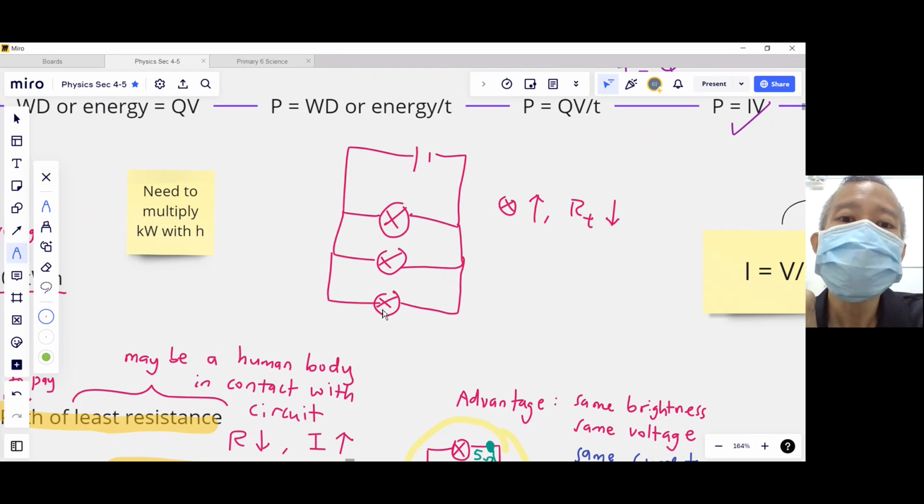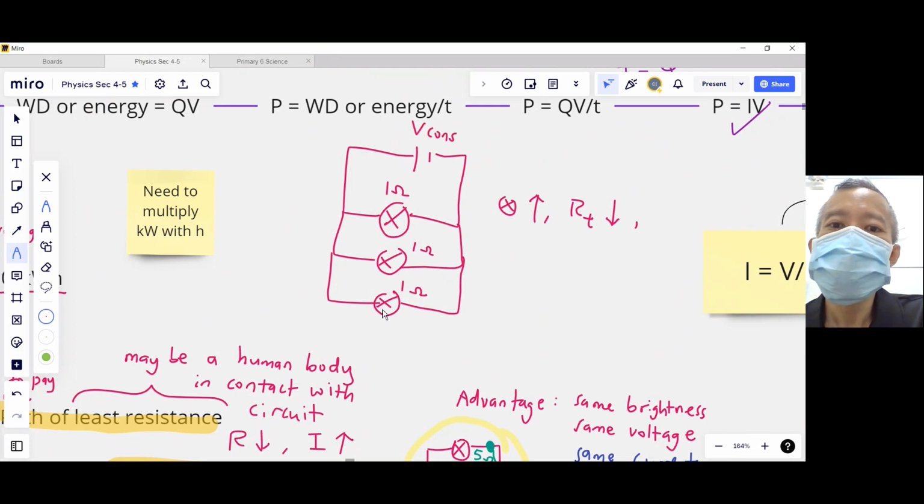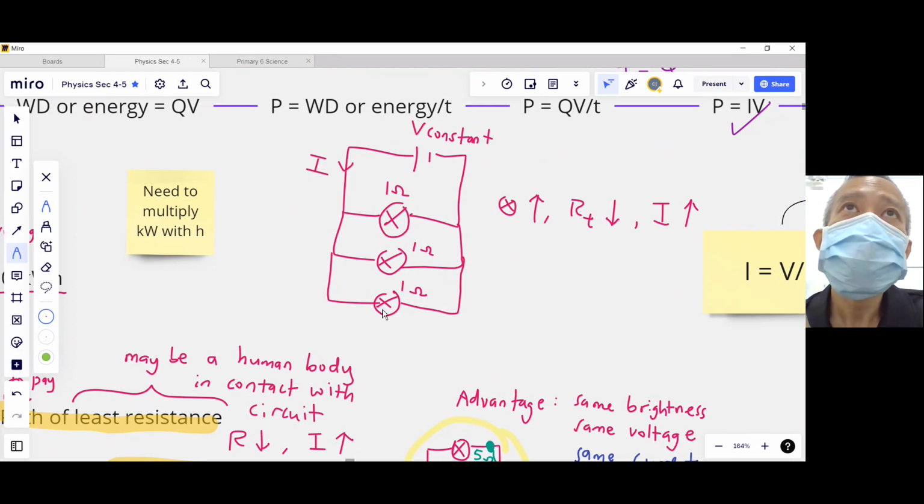Even though each of them may have the same resistance, the total actually goes down. You try calculating, okay? And what does that mean? It means, remember my EMF is constant, it means my current will increase. That is the implication.